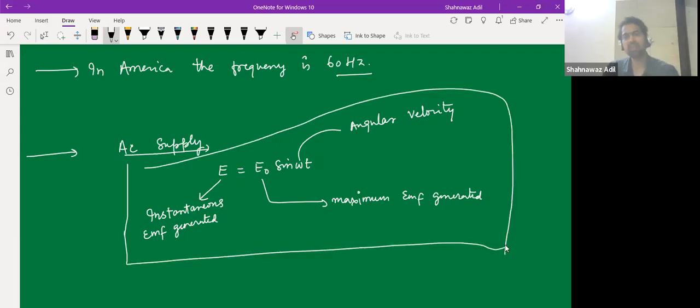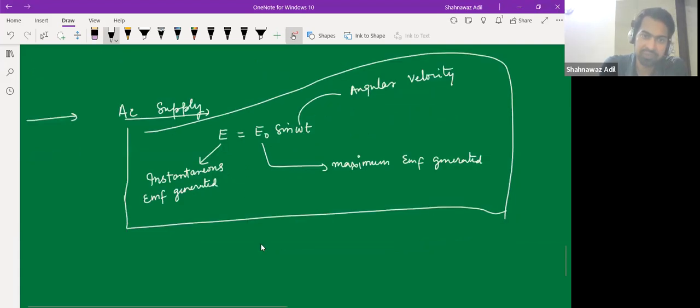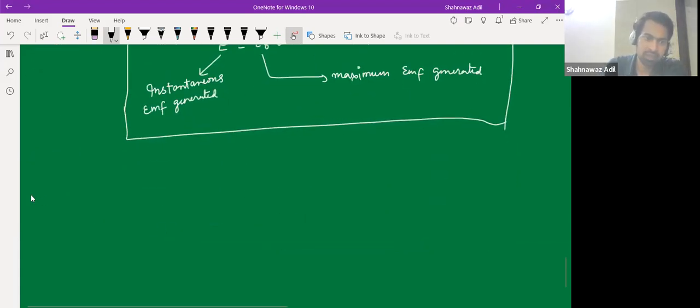Now we will calculate some important things. So first one is the average EMF over a full cycle, right?